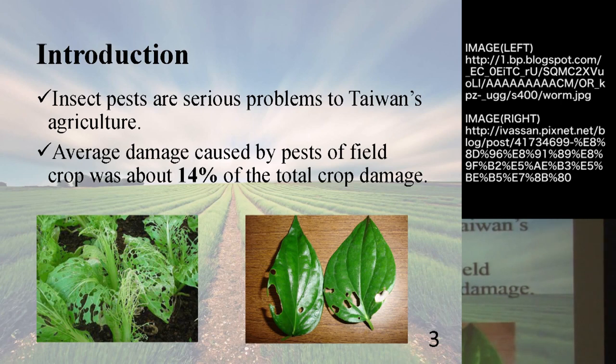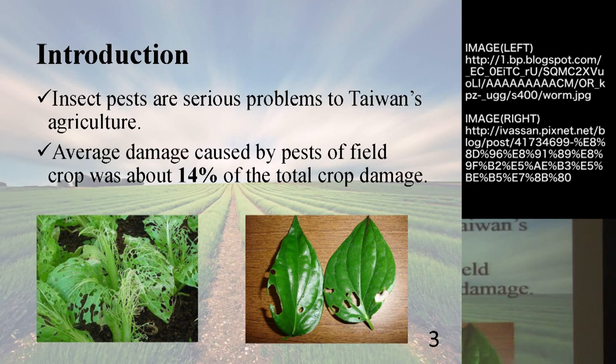In fact, there are serious pest problems for Taiwan agriculture. The average damage caused by pests, causing failed crops, was about 40% of the total crop damage.